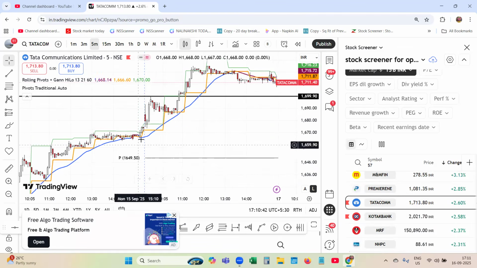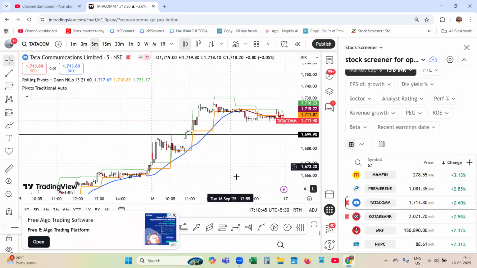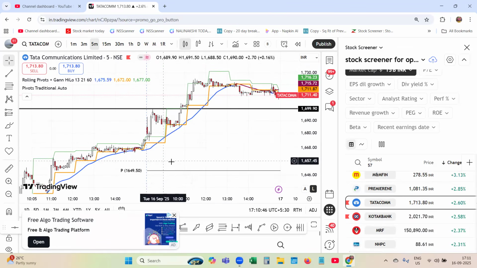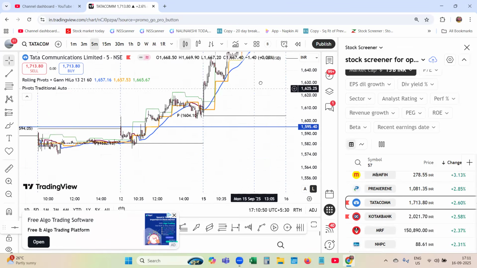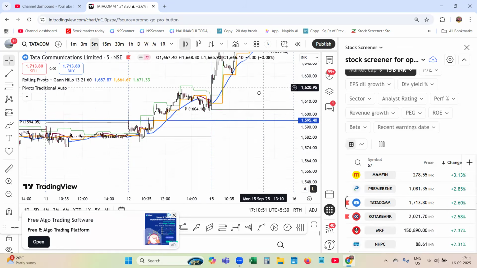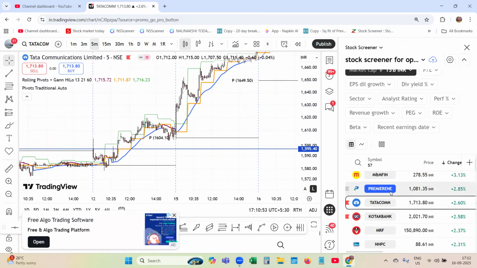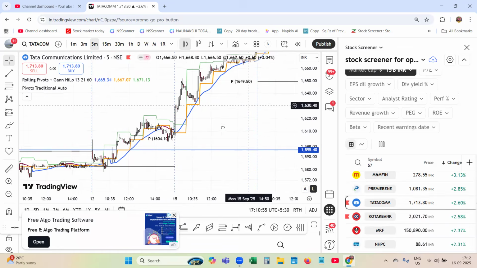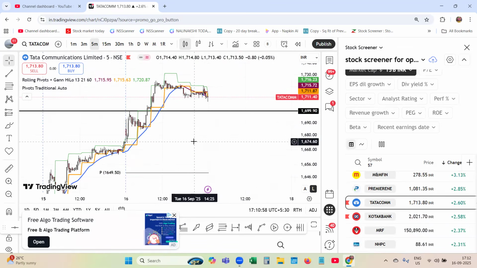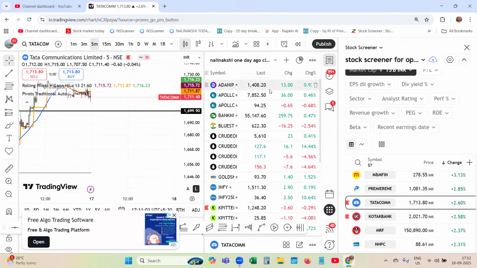You can see how Tata Communication has moved today. But this screener might have given it earlier also, because it is today's screener, you are getting it and you are trading with today's price. Like this, you can trade. So now the live market is running over here.